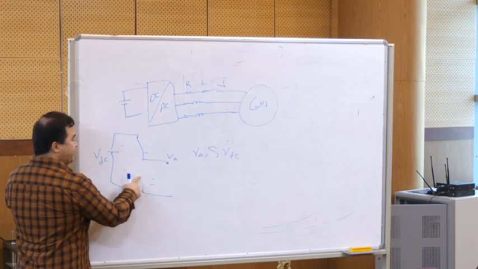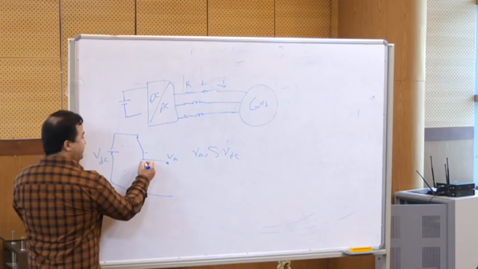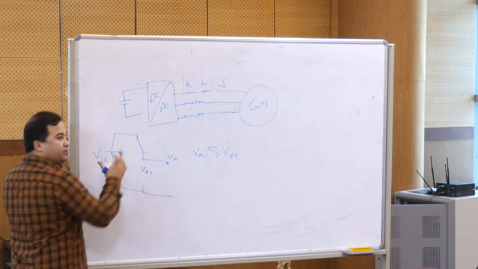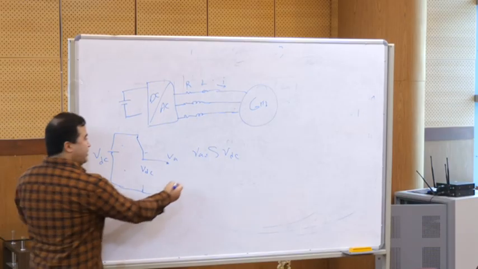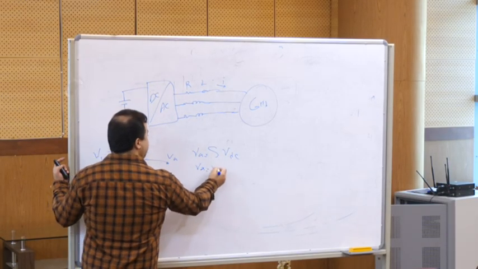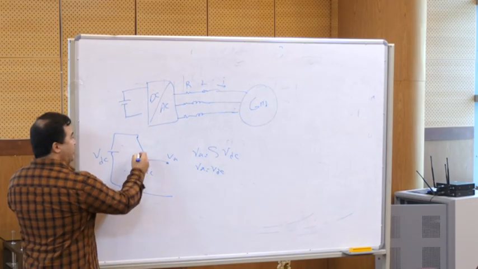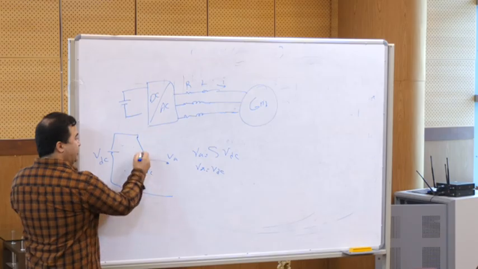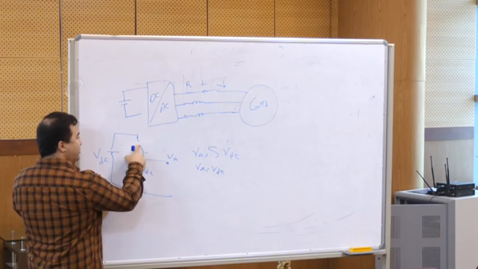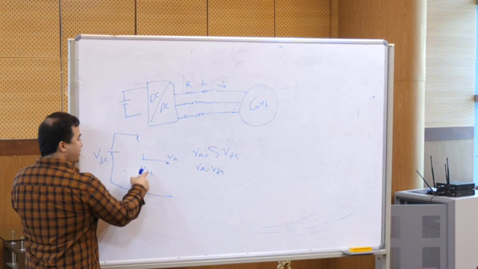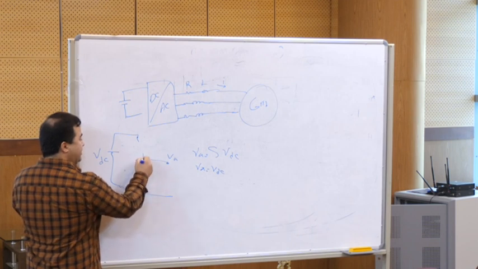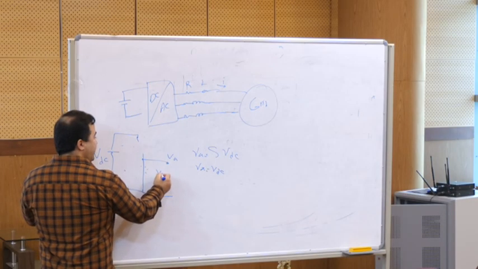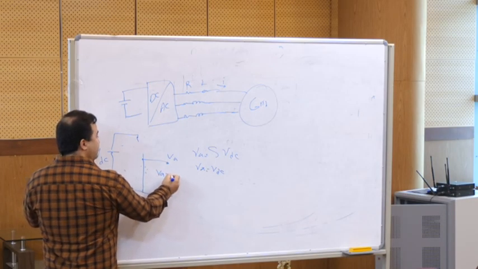So VA will be VDC. And in the other state, when this is off and this is on, the lower one conducts and VA will be equal to 0.